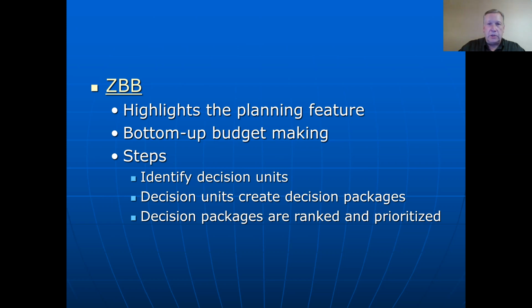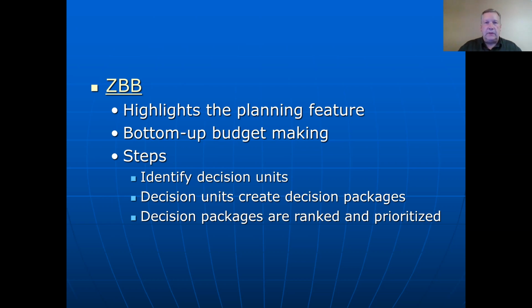In zero-based budgeting, you go all the way down your organizational hierarchy until you get to the lowest point in your organizational chart where budget decisions are made. The lowest level in your organization where budget decisions are made is what you identify as a decision unit. So you first look at your organizational chart, you go down the organizational chart, and the lowest level where any budget decisions are made, you then term those decision units.